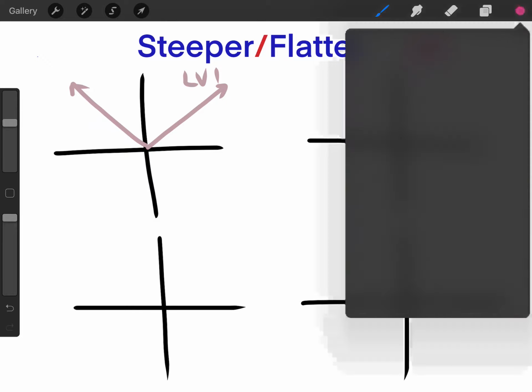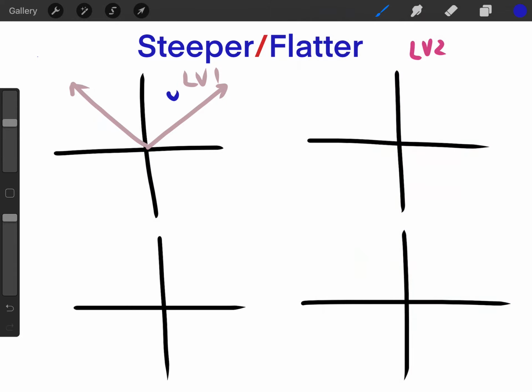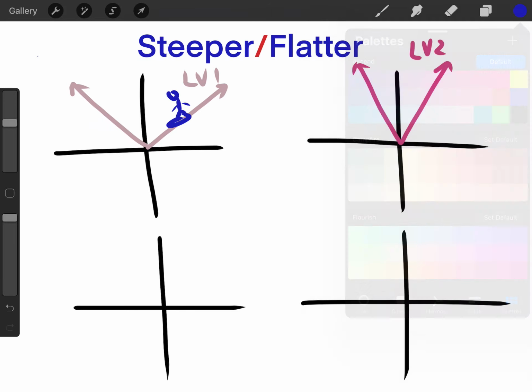Imagine yourself right here. This is you, skating. Now with level 2, this V should be a little steeper than level 1, right? So it creates a lot more possibility of falling.